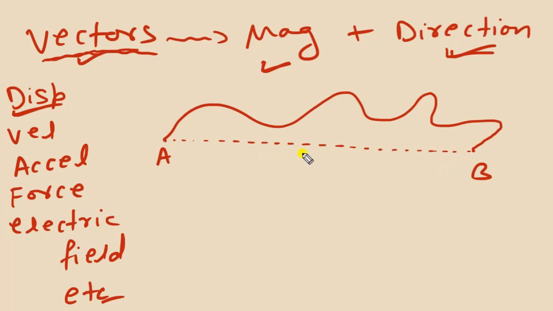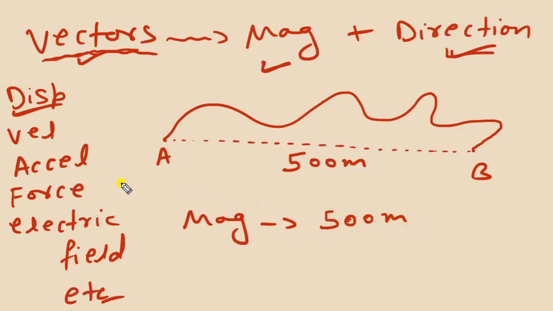Okay? So let's say the length of this line segment is 500 meters. Then the magnitude of your displacement is 500 meter, but displacement, being a vector quantity, possesses a direction as well. Since you are starting from point A to reach another point B, the direction of your displacement is from A to B. Now it is a complete statement.